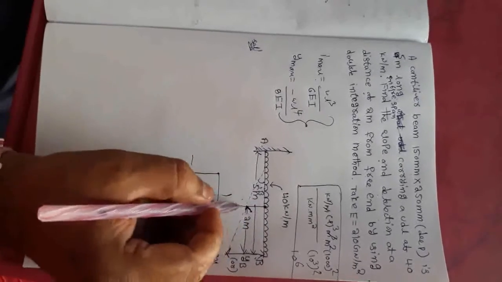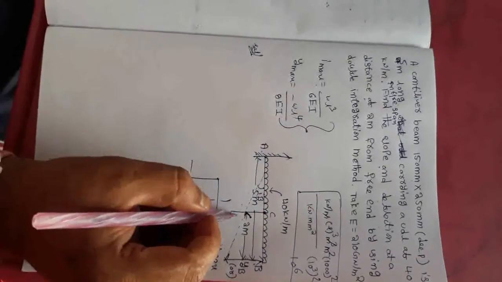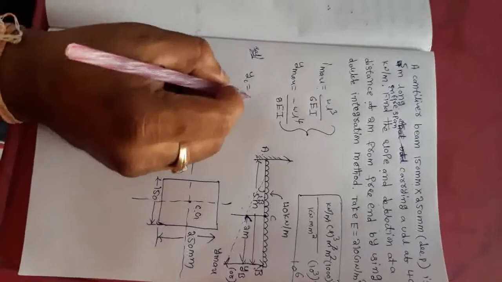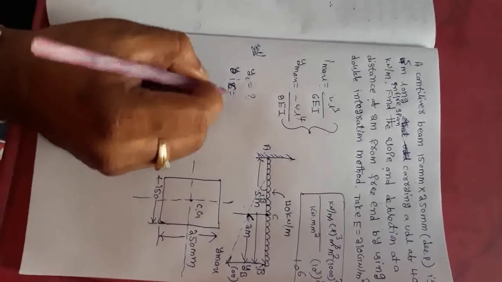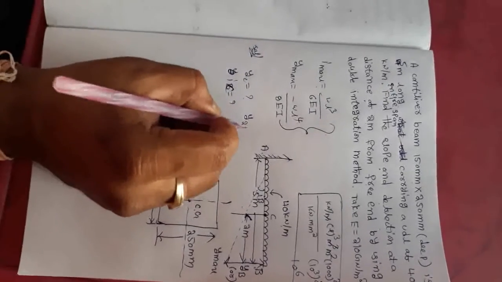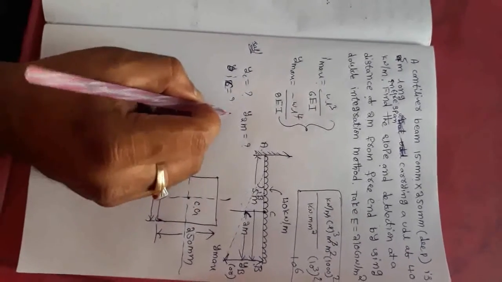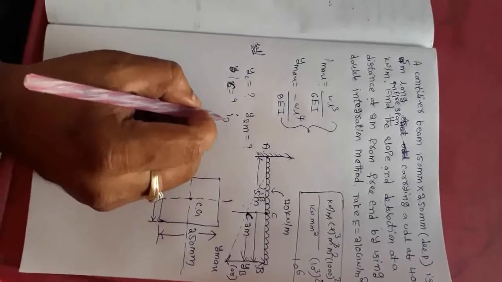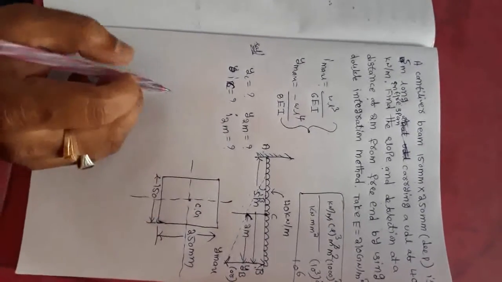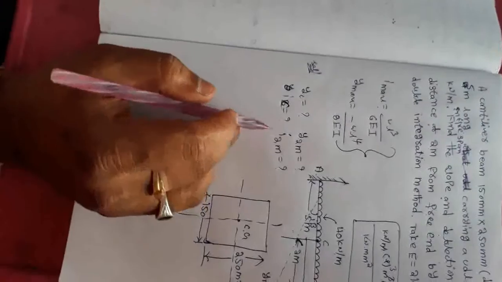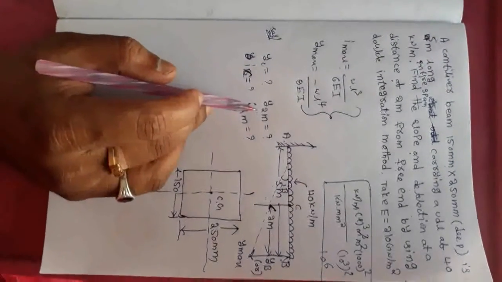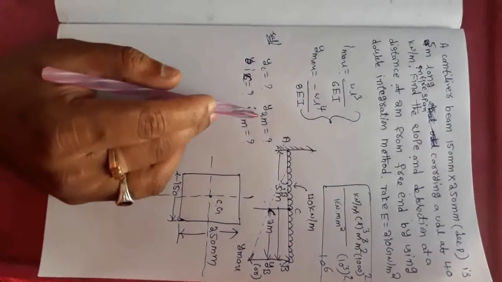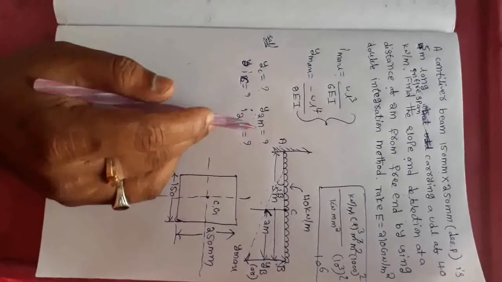This point is denoted as C. So y at 2 meters equals how much, and slope, denoted by θ, at 2 meters equals how much. Through this solution we are going to find the slope and deflection at 2 meters from the free end.